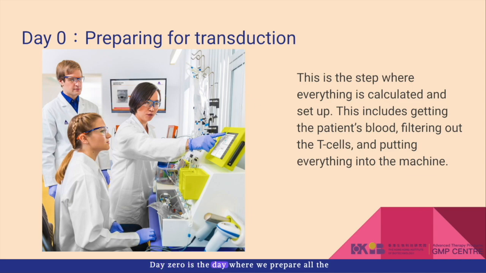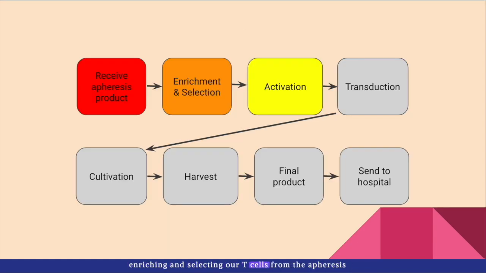Day 0 is the day where we prepare all the materials that are needed for creating CAR T. The steps included are receiving our apheresis product, enriching and selecting our T cells from the apheresis product, and activating our T cells. First of all, we receive our apheresis product.